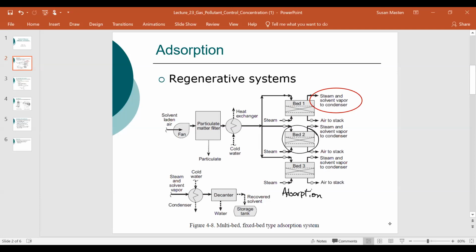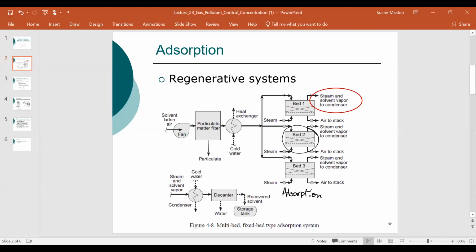Now, as we just looked at, after a period of time when you've reached breakthrough, you then, in a regenerative system, would regenerate that column so that you can restore its usability and efficiency.